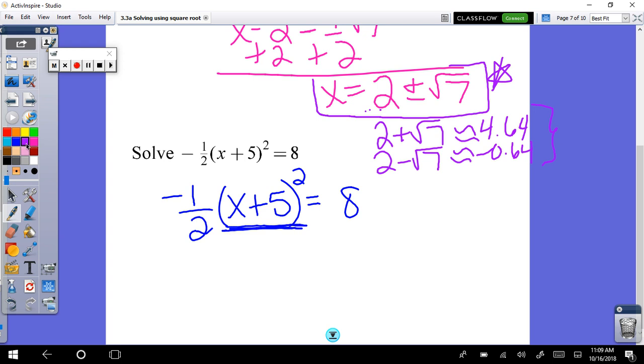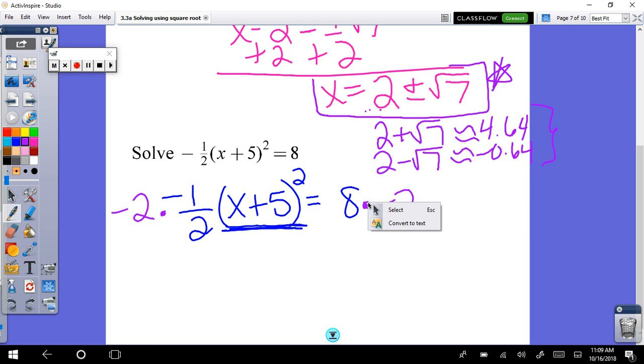In order to do that, you can think of it in 2 ways. Multiplying by 1/2 is the same thing as dividing by 2. So the inverse of dividing by 2 would be to multiply by 2. So multiplying by 2 on both sides, and more specifically multiplying by negative 2 since it's a negative 1/2.